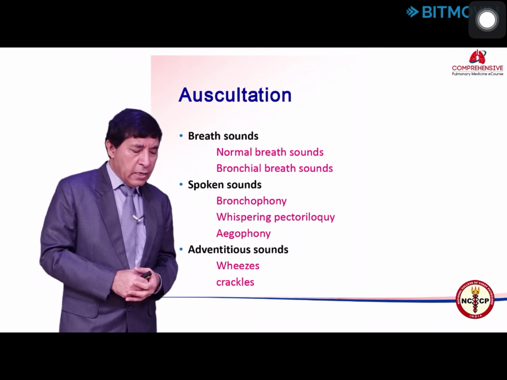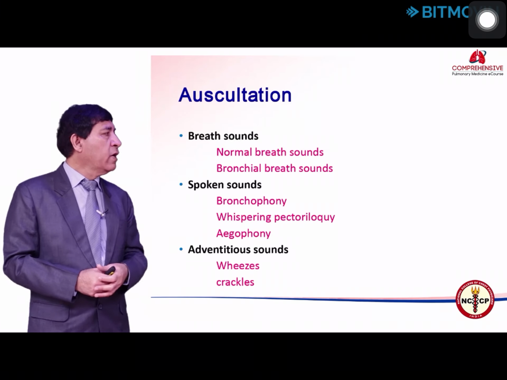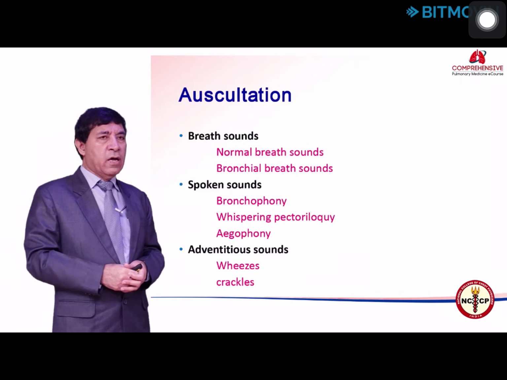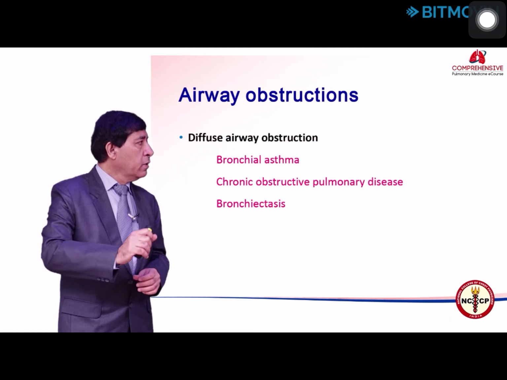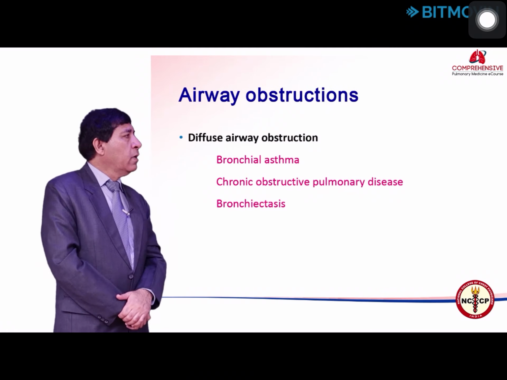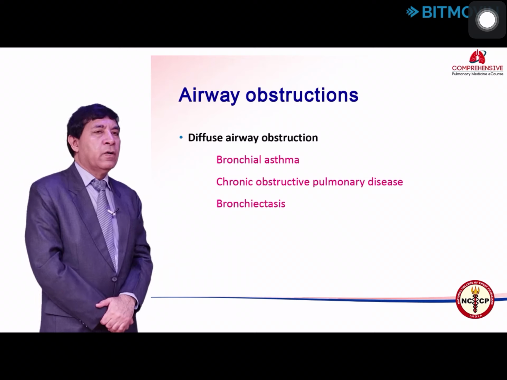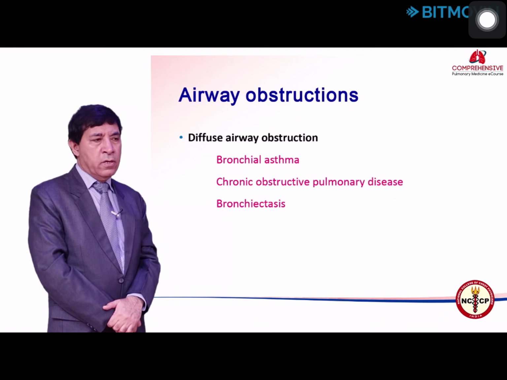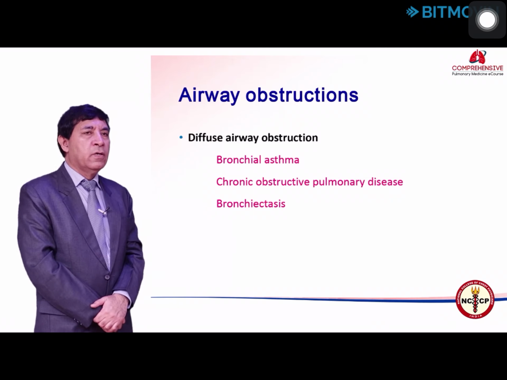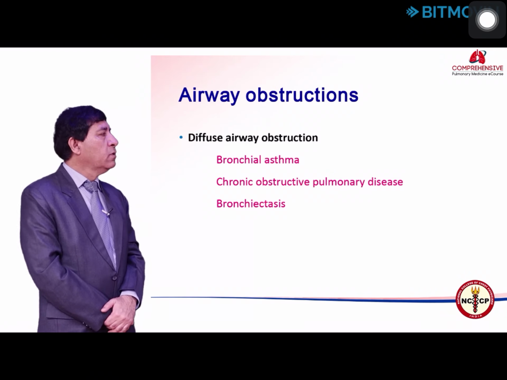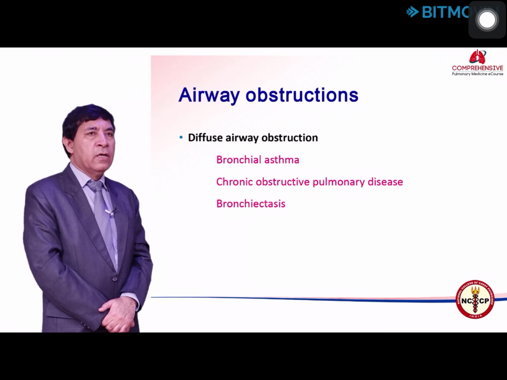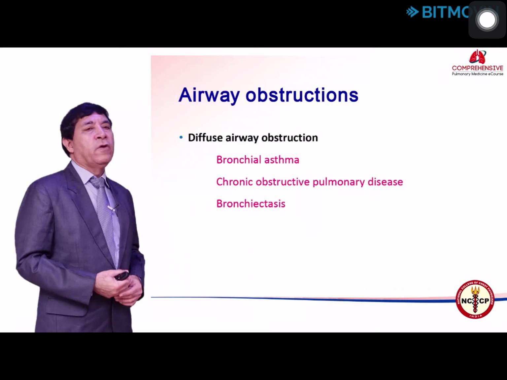Now we go to the last sounds, adventitious sounds, and these are wheeze and crackles. Now wheeze is a feature of airflow obstruction. So whenever you hear wheeze on the chest wall or you hear wheeze at the mouth, then this indicates that this patient has got airflow obstruction.